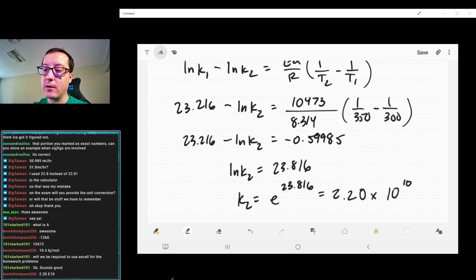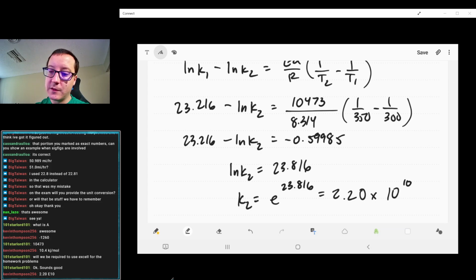And that would be per molar per second, or whatever it happens to be. Let's not worry about the units, actually, because I don't know if this particular reaction that we're throwing out is first order or second order. Those would change the units there.